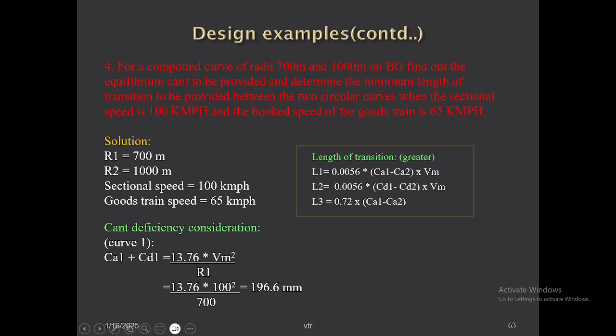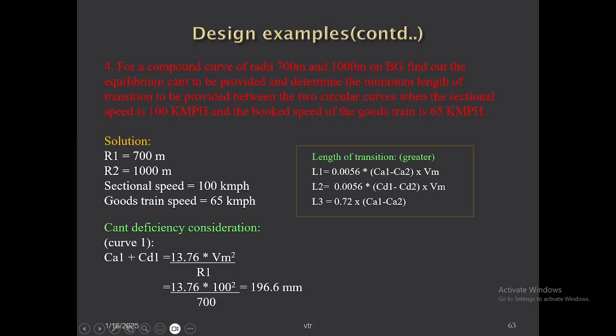That is based on the rate of change of cant, 50 mm per second. The second one is L2 equal to 0.0056 into (CD1 minus CD2) into VM, the cant deficiency of the first curve minus the second curve. This is the rate of cant deficiency consideration, 50 mm per second. The third one is the cant gradient of 1 in 720, based on this, 0.72 into (CA1 minus CA2). These are the 3 conditions we have. Out of these, you have to choose the greater one.